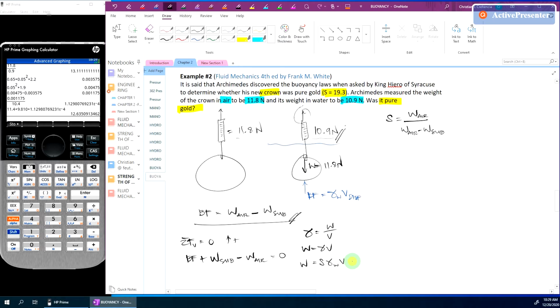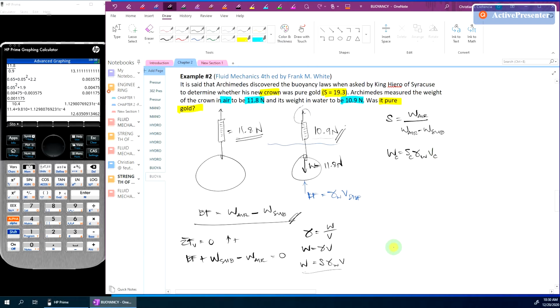This applies only to the weight in air, not the weight submerged. So the weight in air is equal to the specific gravity of the crown times the specific weight of water times the volume of the crown.